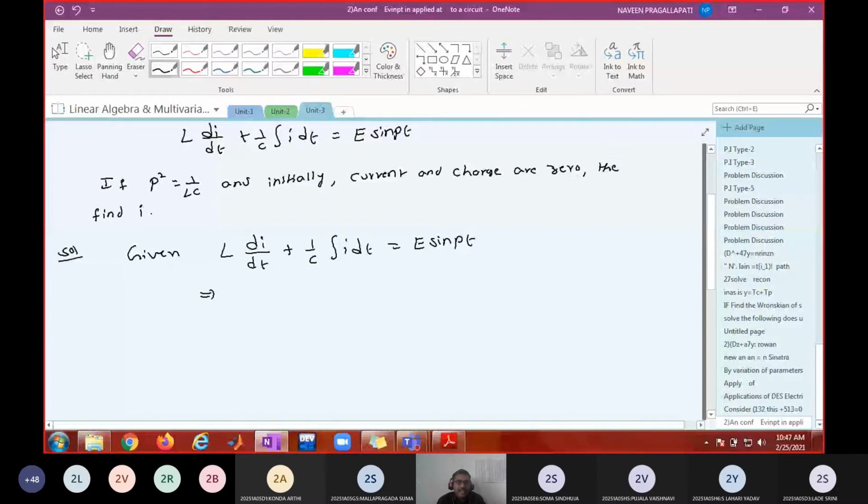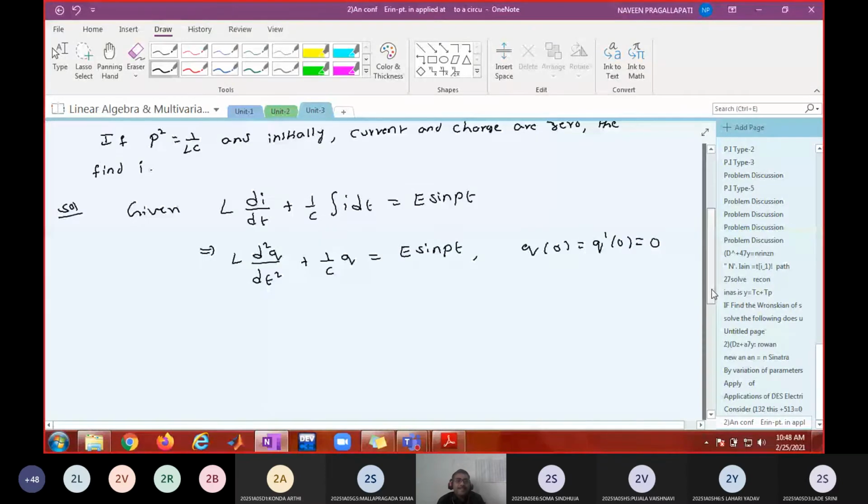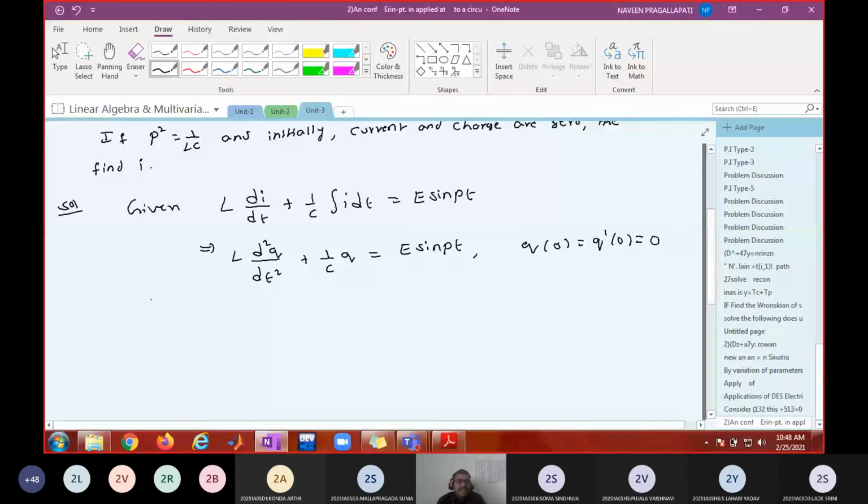Therefore, this is nothing but L into d square q by dt square plus 1 by c into integral of I, which is nothing but q, equal to E sin pt. Do you agree? And given that q of 0 is equal to q dash of 0 equal to 0. Initial charge and current are 0, where L and C are constants.